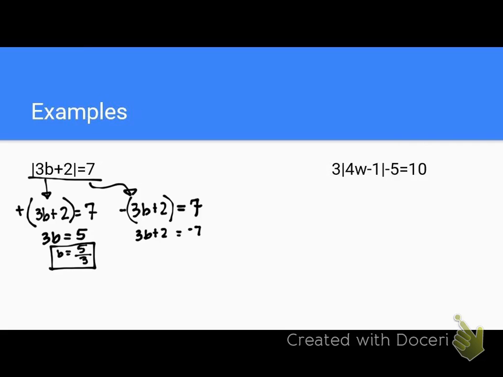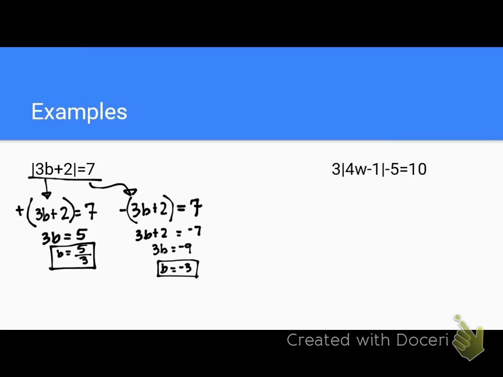We're going to subtract 2 again. So we got 3b is equal to negative 9. Divide both sides by 3. So b is equal to negative 3. Here are our two solutions, 5/3 and negative 3. And we would graph these on a number line when present.